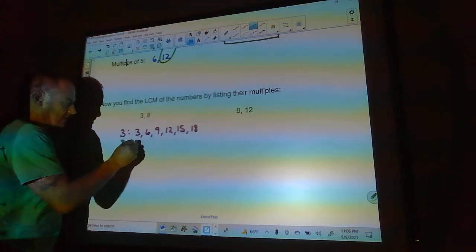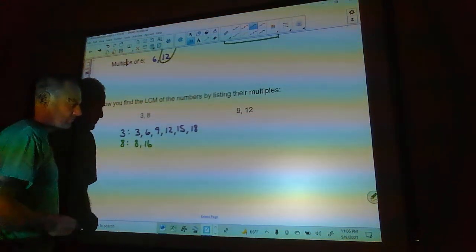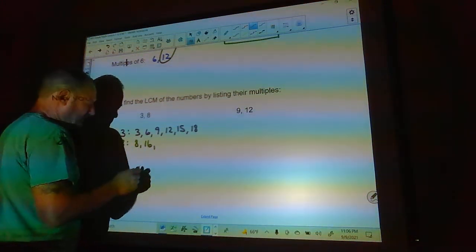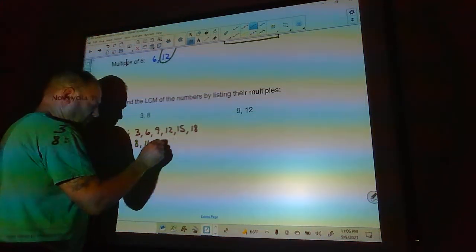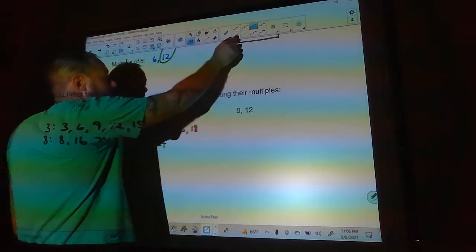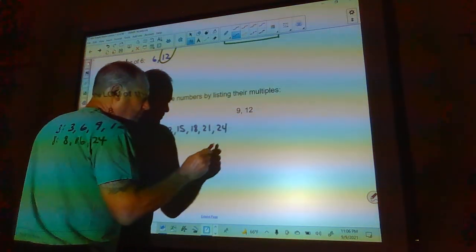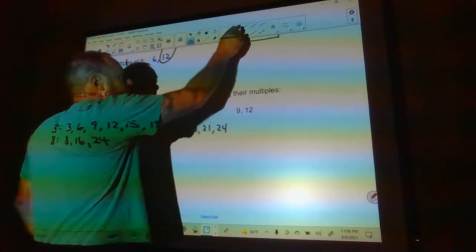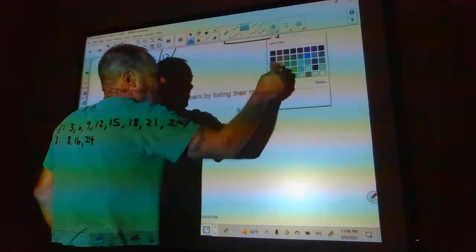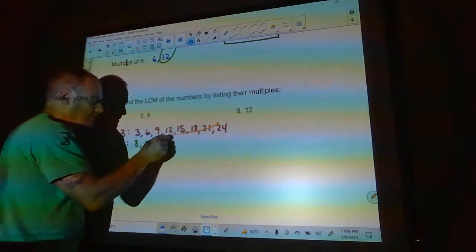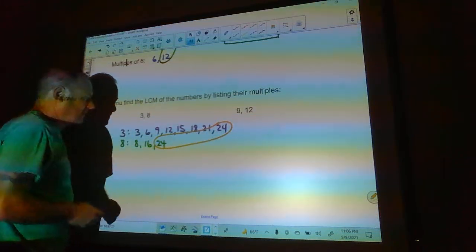So 8, 16. Ooh, nope. What's the next one? 24. All right, so let's go with this one. 18, 21, 24. There it is. 24 would be the least common multiple of 3 and 8.